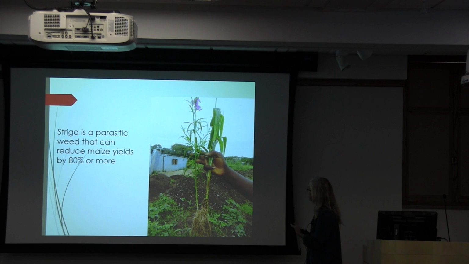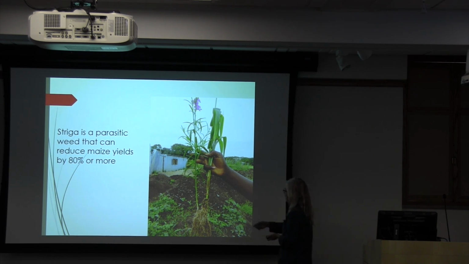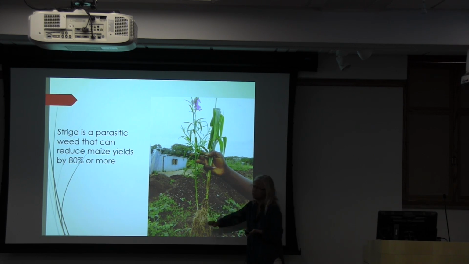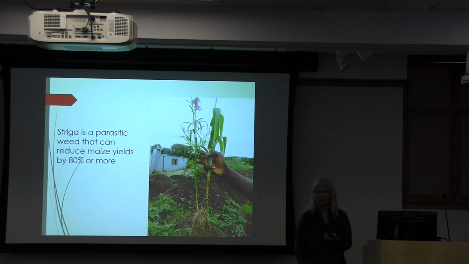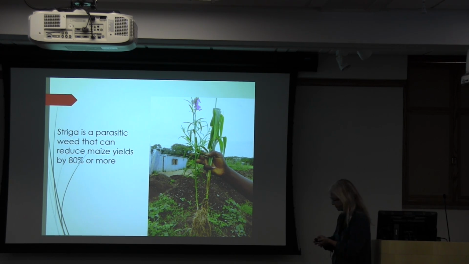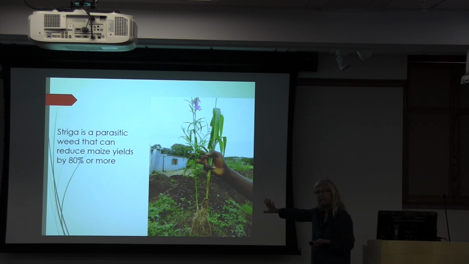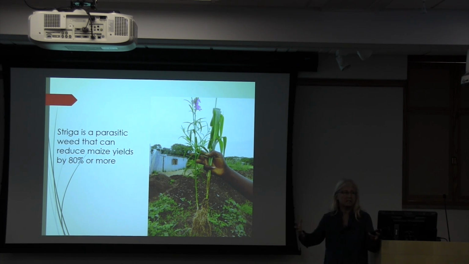So the stunting of growth that happens, and here's the striga that actually attaches right to the maize root, is largely due to this disruption of metabolism and sort of an actual disease that develops. Striga has a huge impact on yields. I mean, it can just decimate yields. Once it gets into a field, it produces lots of seeds, and it can just keep spreading.